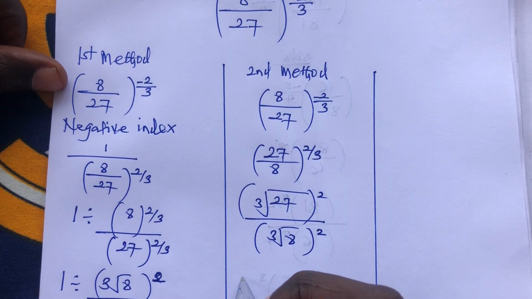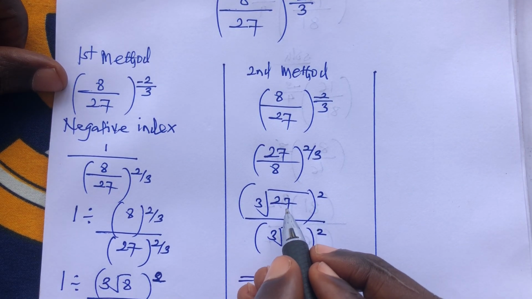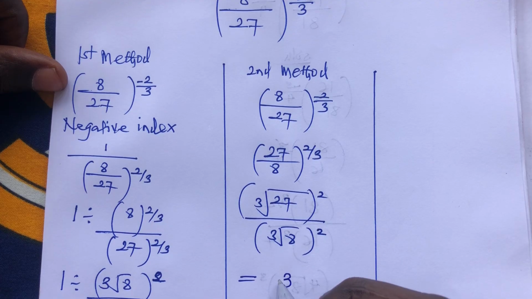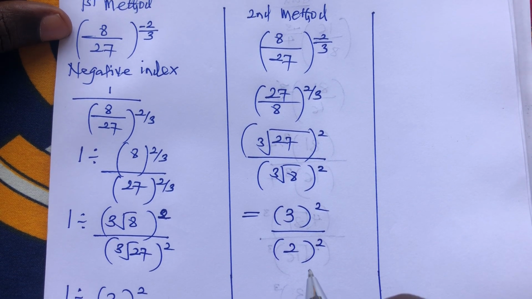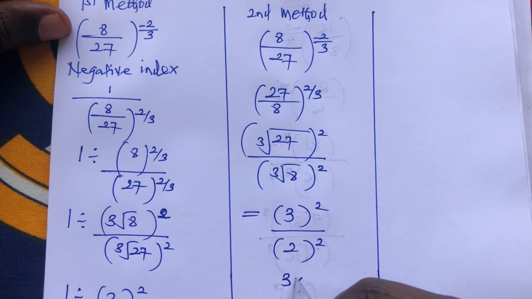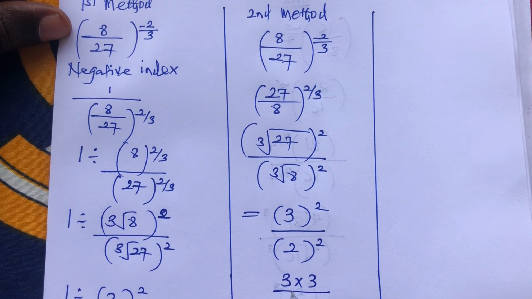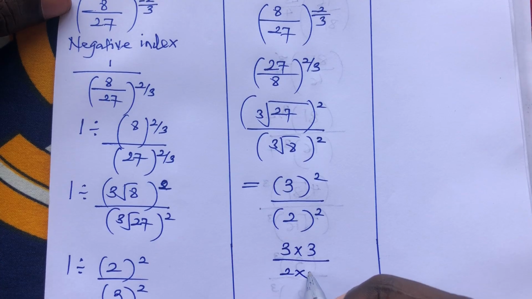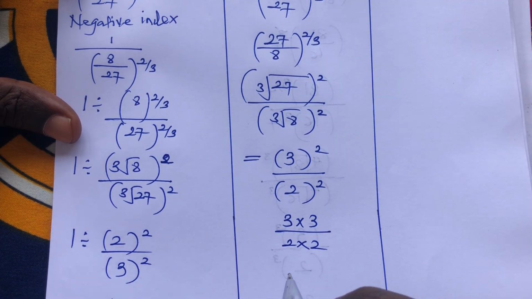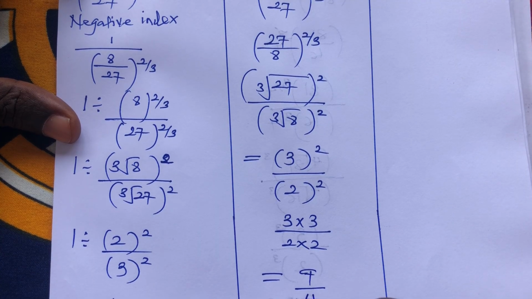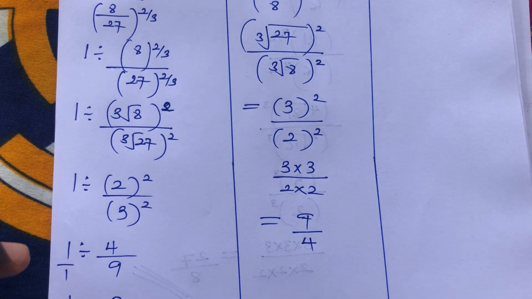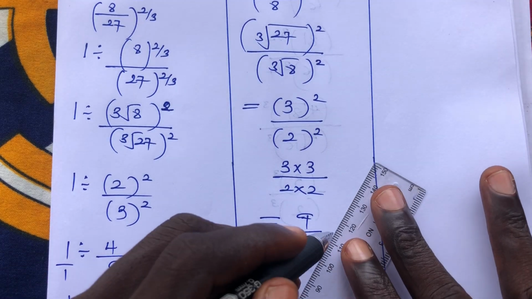The cube root of 27 we know is 3, raised to the power 2, divided by the cube root of 8, which is 2, raised to the power 2. Then 3 squared means 3 times 3, divided by 2 squared, which is 2 times 2. Therefore, this becomes 9 divided by 4, so your answer also becomes 9 upon 4.